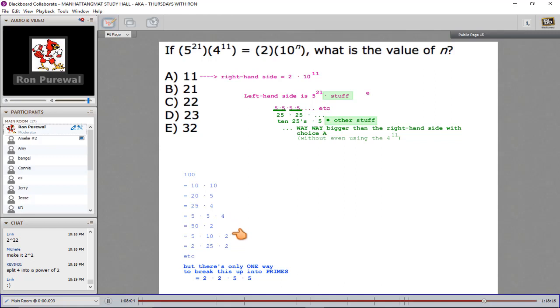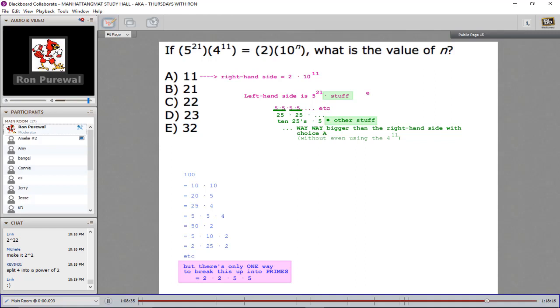These are the same number, but the only way to see that would either be to multiply it all back out and get 100, or to keep breaking it down until it is prime. Like these numbers, you could just multiply them out. 5 times 4 is 100, and so is 5 times 2. But you can't multiply this out. This is too big. So what this problem should be telling you to do is break these things into primes.